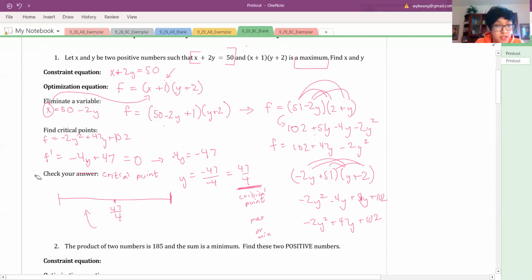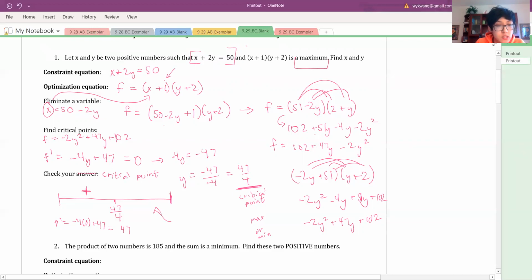So if I plugged in 0, I get f prime is equal to negative 4 times 0 plus 47. That's going to be equal to 47. So that's positive. Right, now I'm going to plug in a number over here.